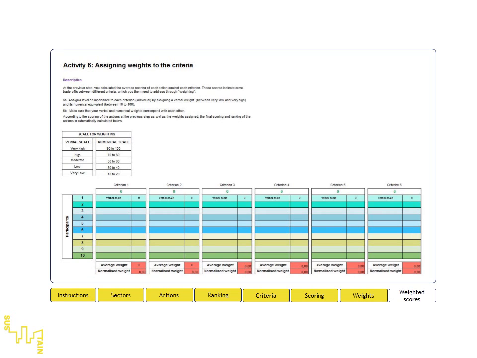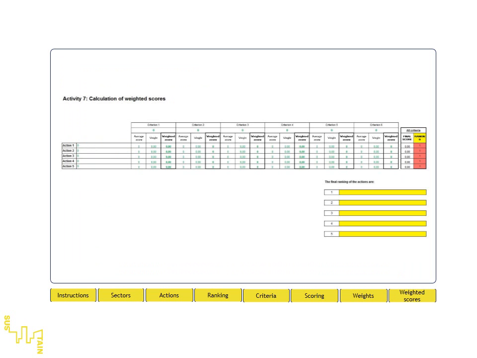For each criterion, each individual participant should assign a level of importance verbally, from very high to very low, as well as provide their corresponding numerical scale. Make sure that your verbal and numerical weights correspond with each other. Finally, observe how the weighted scores were calculated.